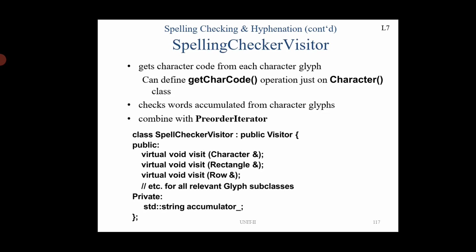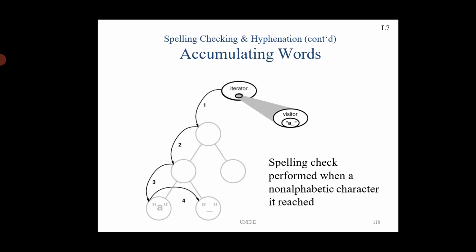Here we are taking a class name, spelling checker visitor, public visitor, public colon, a virtual void visit of character ampersand. Already I told you these are the public methods, and in the private part we need standard strings accumulated. We have to call that. This is nothing but accumulating words. How do we accumulate the particular words in the document structure?